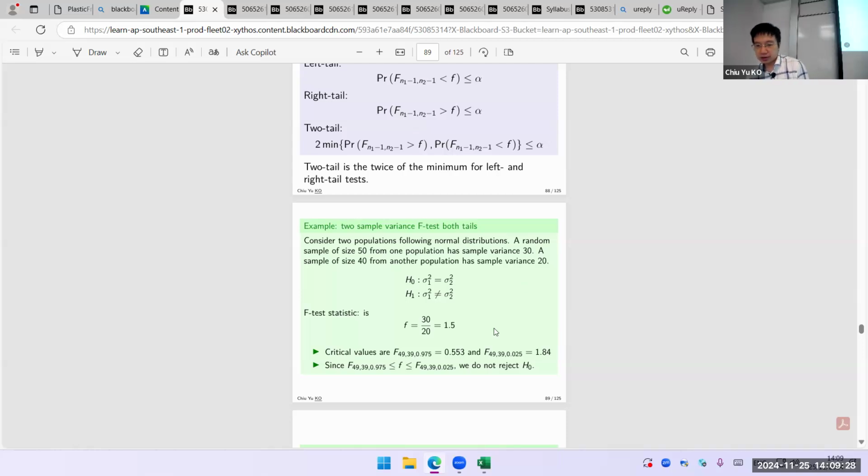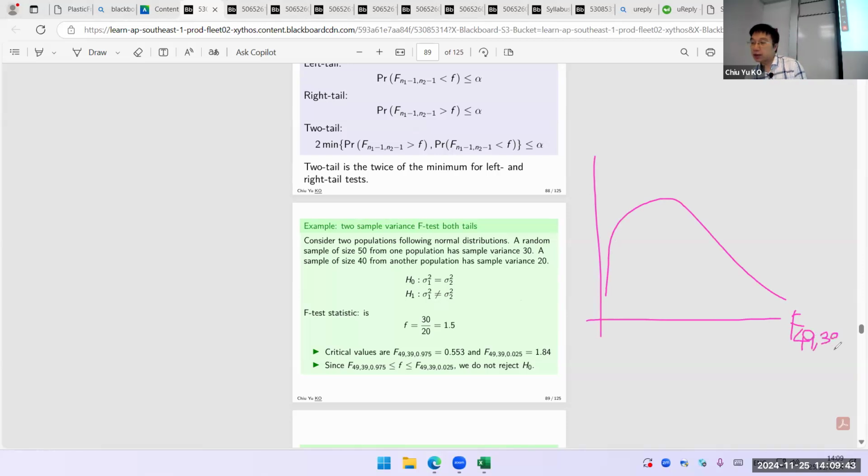The F test is a two-tail test. F is like this, and the degrees of freedom are 49 over 39.